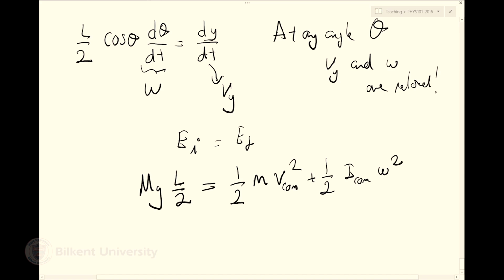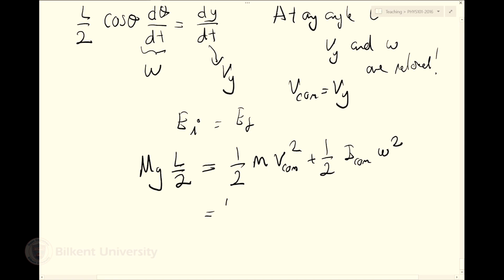That's always correct. But now I know that V center of mass must equal Vy. Why? Because there is no motion in the x direction, right? Oh, that's great. So this is equal to 1/2 m Vy squared.